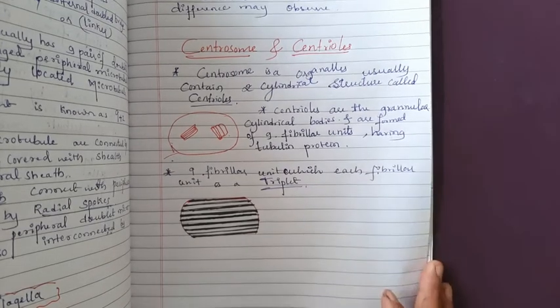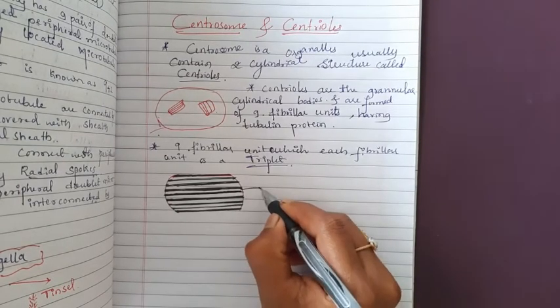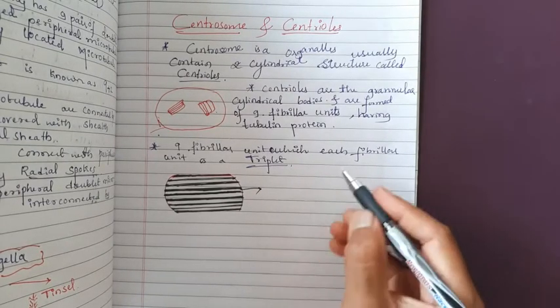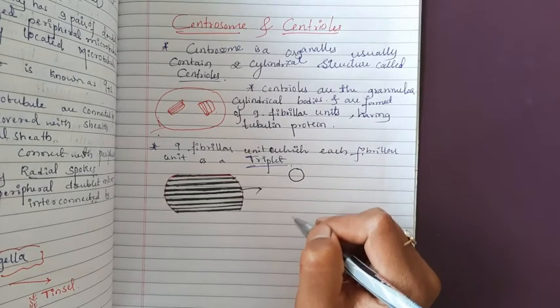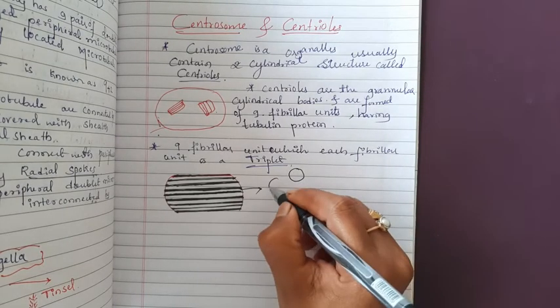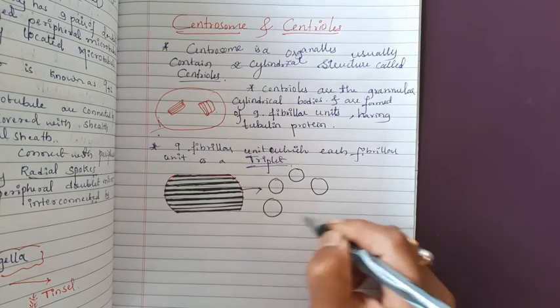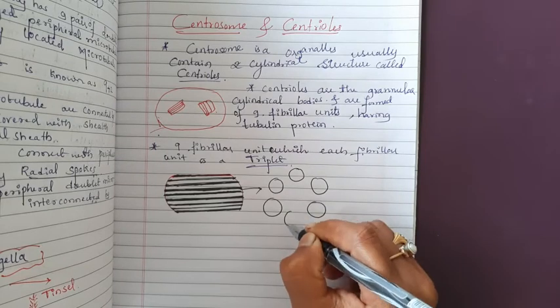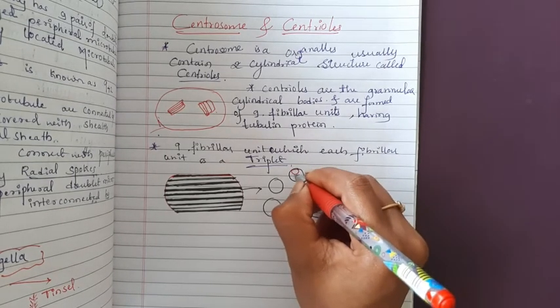Then if you take the cross section of this one, each of the 9 fibrillar units consists of triplets, means the structure is like this, which consists of triplets like this.